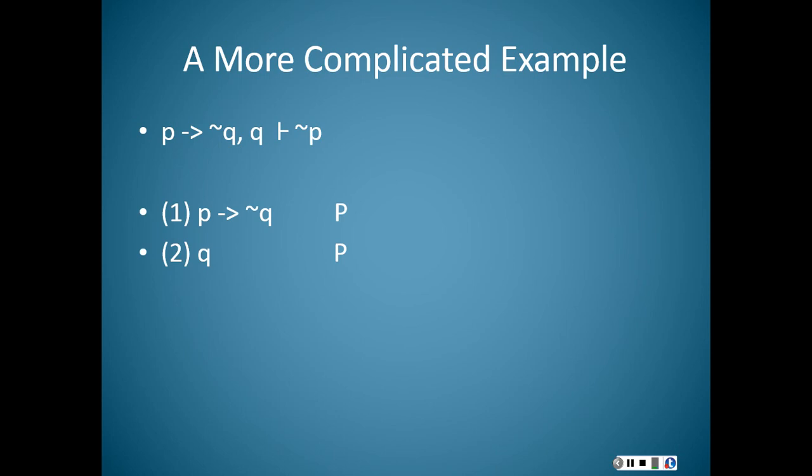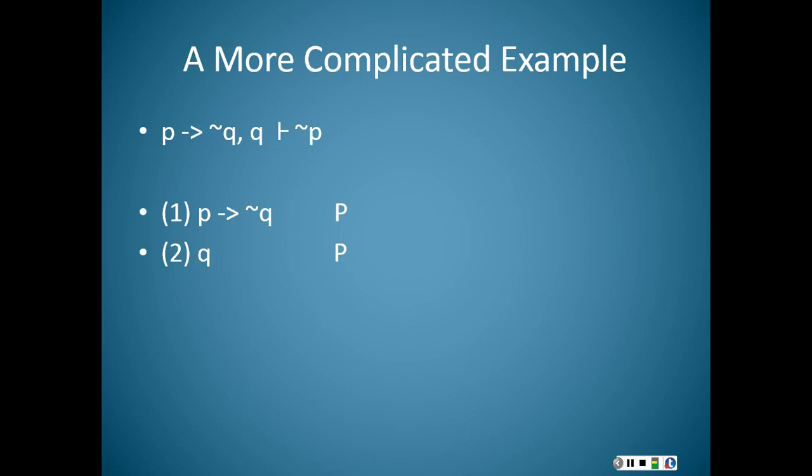Now we need to try to think about what we should do next. Our goal, of course, is to write down not P, and it almost looks like we could apply Modus Tollens here. We have if P, then not Q on line 1, and we have Q on line 2. Unfortunately, though, we can't yet apply Modus Tollens. That's because, technically speaking, Q on line 2 is not the negation of the consequent of the conditional that occurs on line 1.